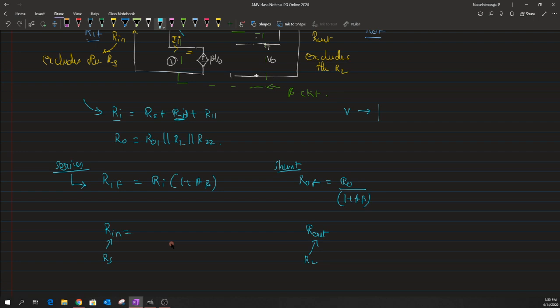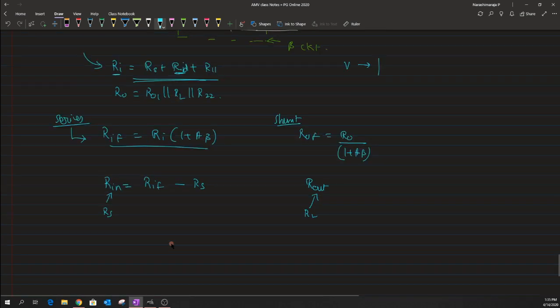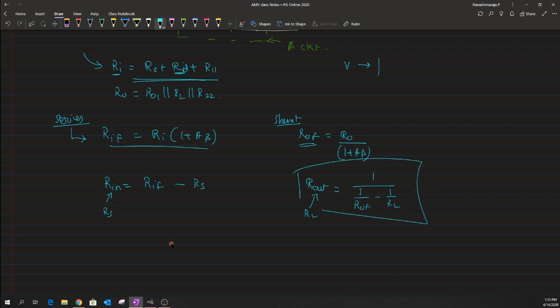Now this becomes pretty straightforward. From this quantity RIF, I have to remove the source resistance because of this series connection, whereas in order to exclude the resistance RL from this quantity of ROF, one has to do a simple algebra of doing this. So this particular formula will give us this quantity of R out.